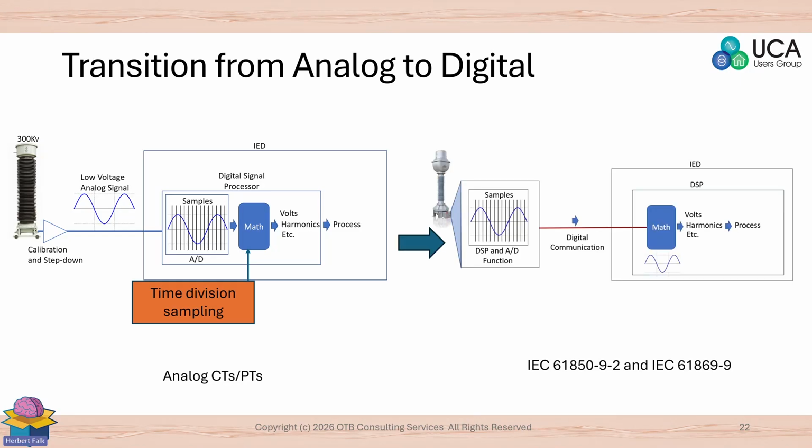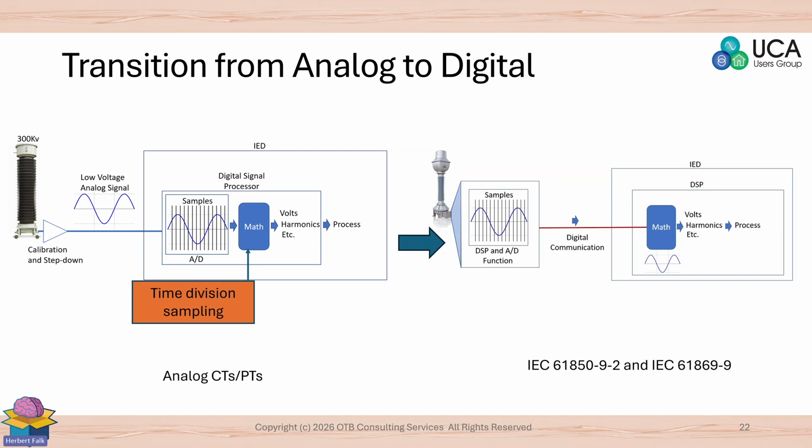And this is sample values. So if you think about how the analog world does CTs and PTs, the analog signal is calibrated and goes into a digital signal processor that outputs volts, harmonics, etc., and feeds into the process.